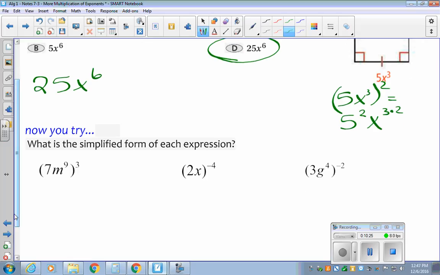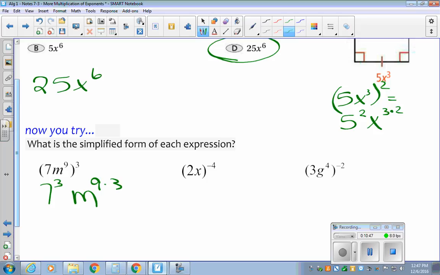Okay, so we're going to do that same process with these problems. We're going to apply the power to each item inside the parentheses. You can do this as long as you have multiplication or division. So going on between 7 and m to the 9th is multiplication, so we can give the power to each item in there.